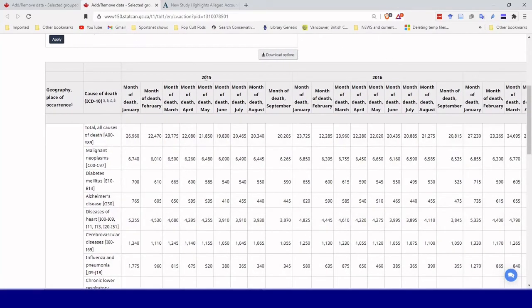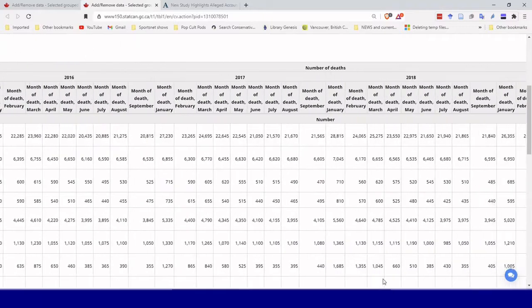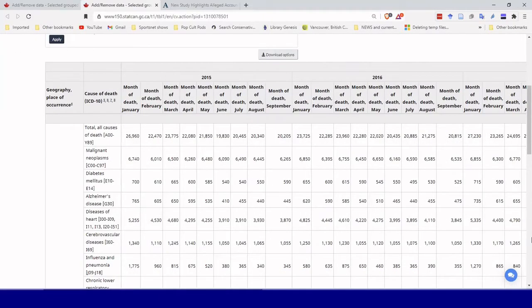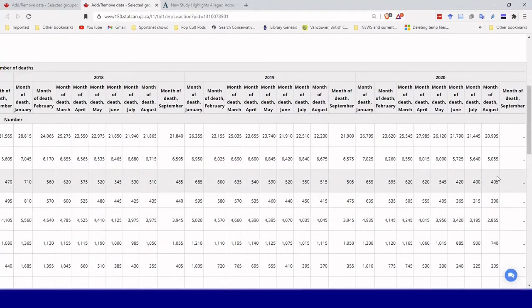Here you can see it goes across, has the year and the months of each year. If you go all the way to the end, you see 2020. It only goes to August here, and the first deaths occurred in March.